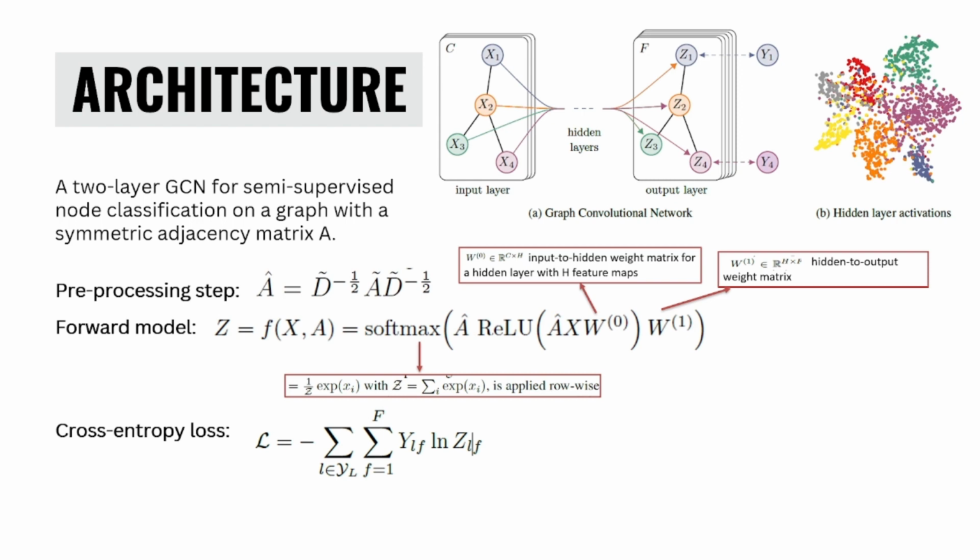Now, for semi-supervised multi-class classification, we introduce the cross entropy loss error, L, where YL is a set of node indices that have labels. The neural network weights W0 and W1 are trained using gradient descent. In this work, they perform batch gradient descent, and dropout is used to ensure stochasticity in this training process.